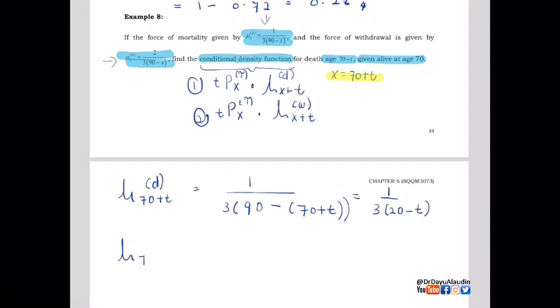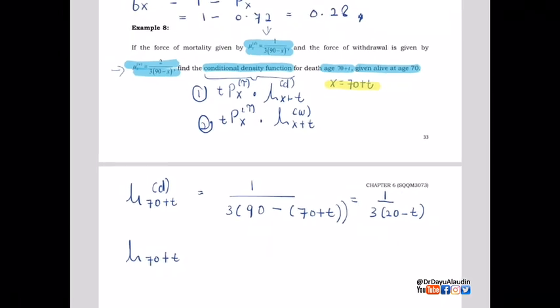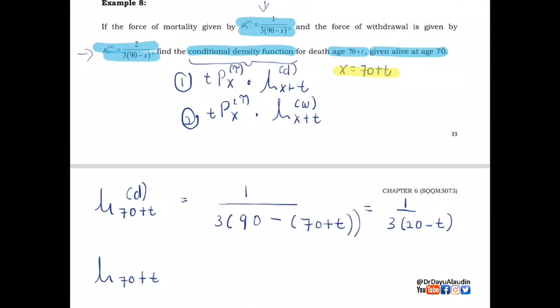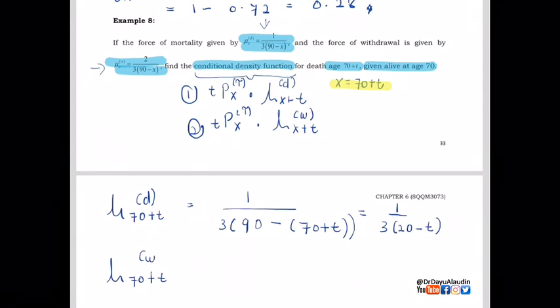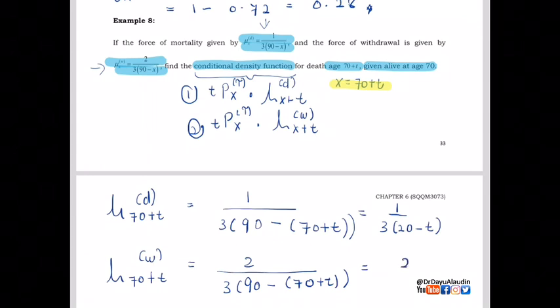And the second one, for withdrawal, W is equal to the second function, 2 over 390 minus x, where we substitute x with 70 plus t. So it is equal to 2 over 320 minus t.